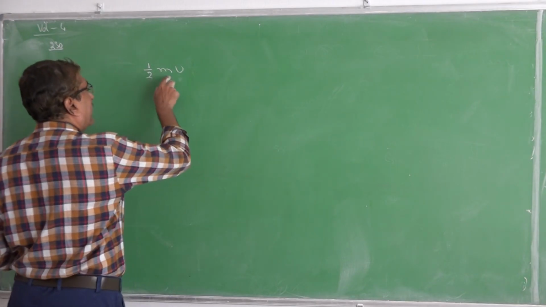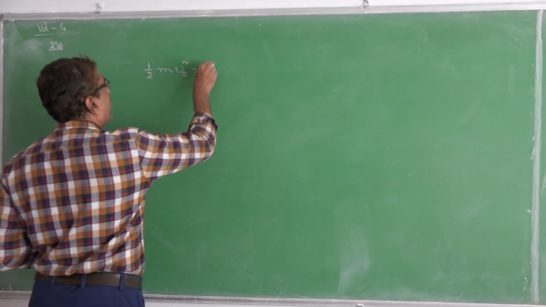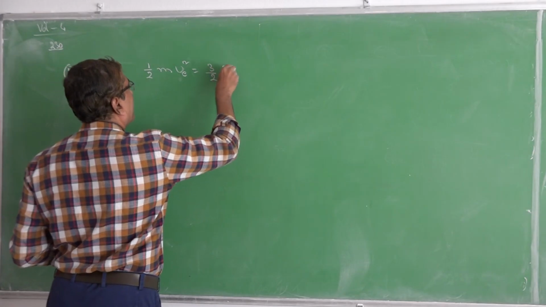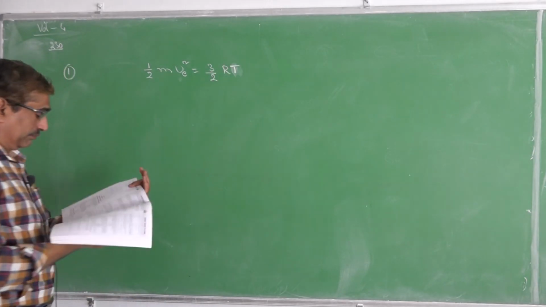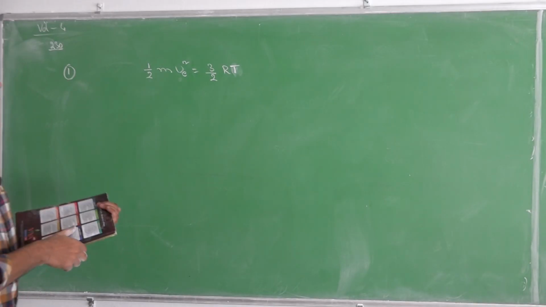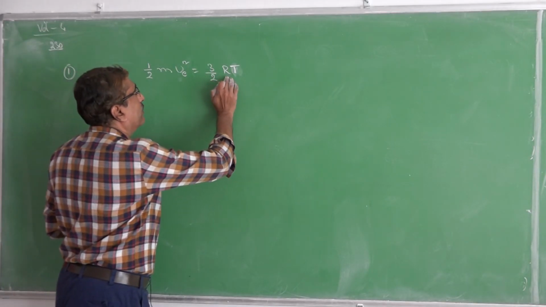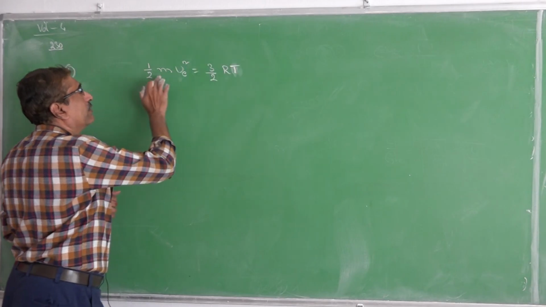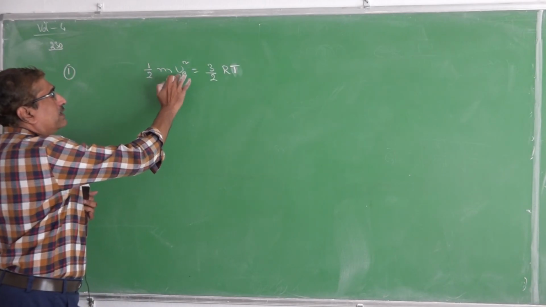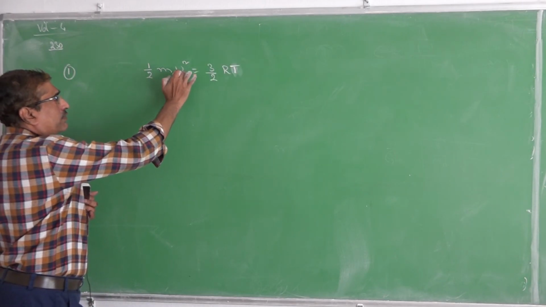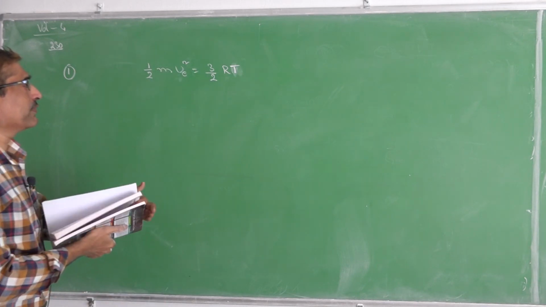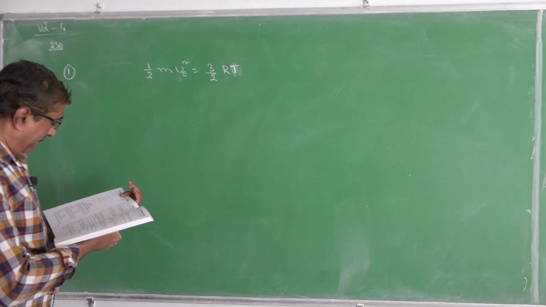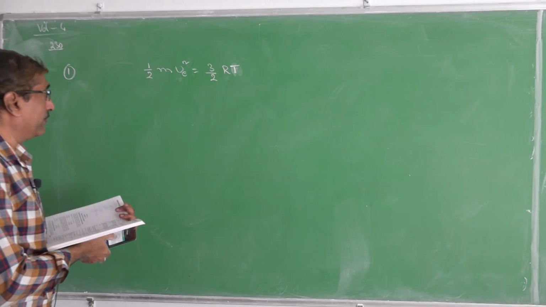So half m V escape square equal to 3 by 2 RT. Okay, this is the kinetic energy of a molecule. If that kinetic energy is such that its velocity is this one, then it will escape from the gravitational field. Okay.